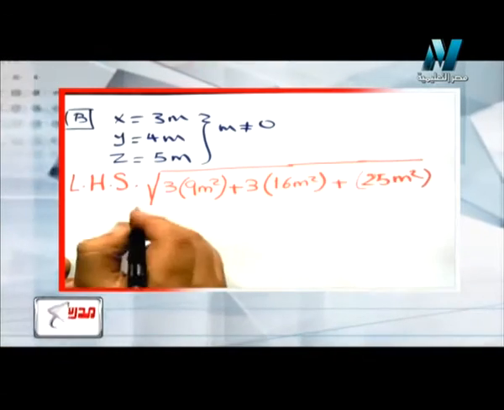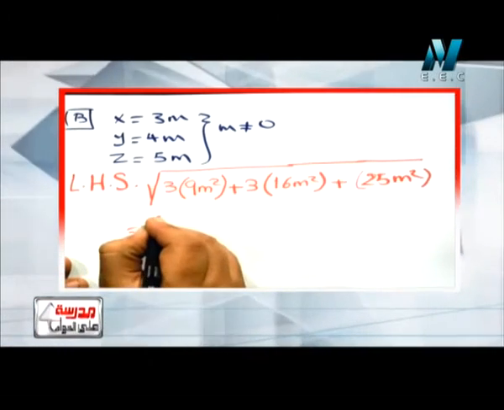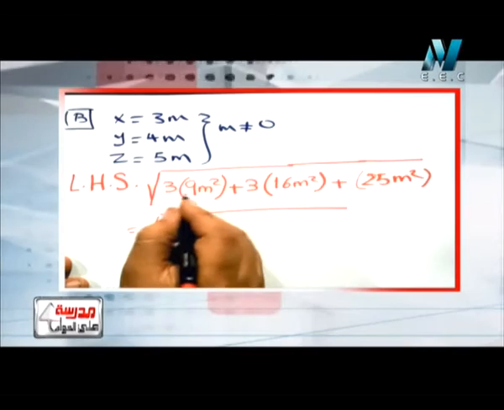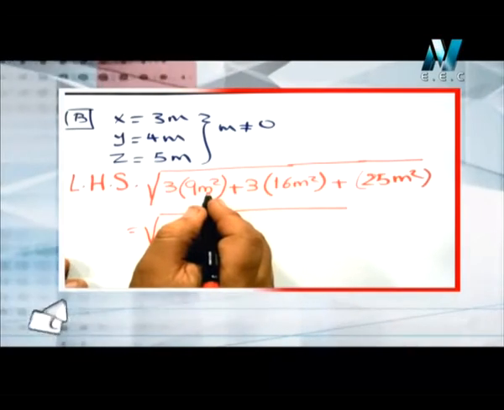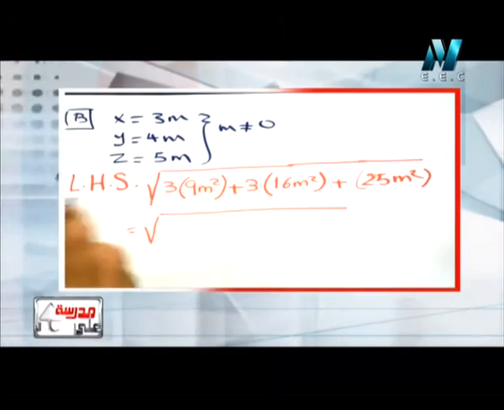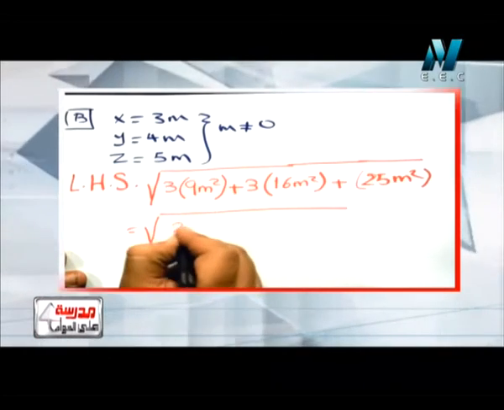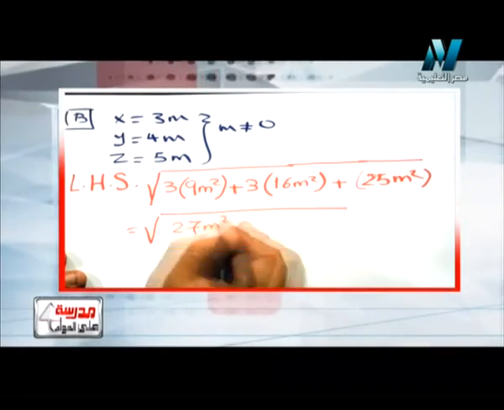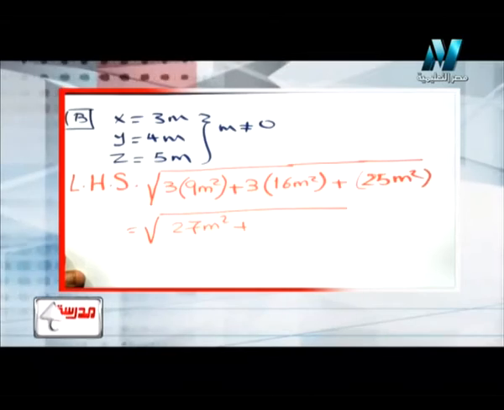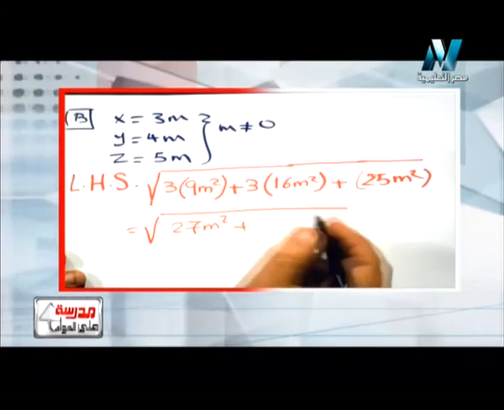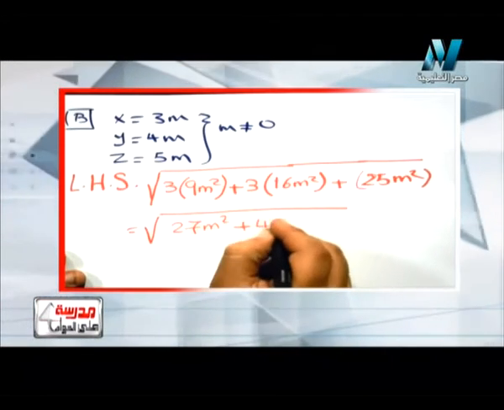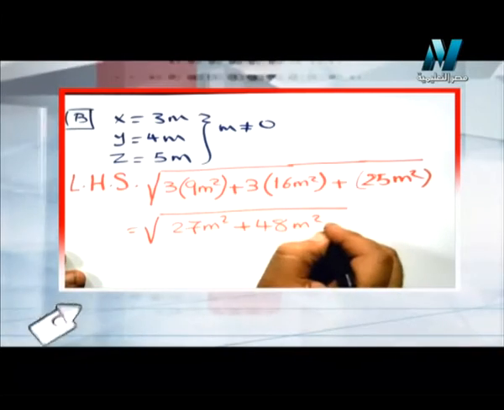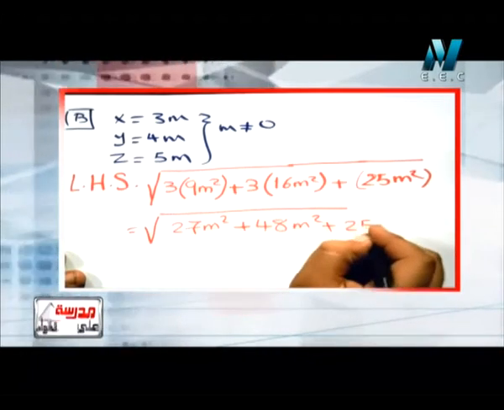Simplifying, 3 times 9m squared is 27m squared, plus 3 times 16, which is 48m squared, plus 25m squared.